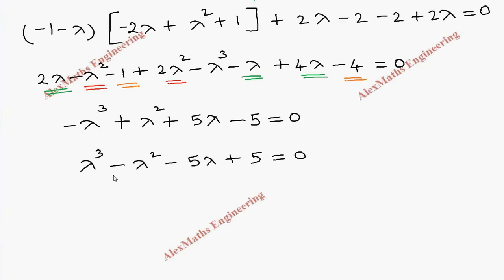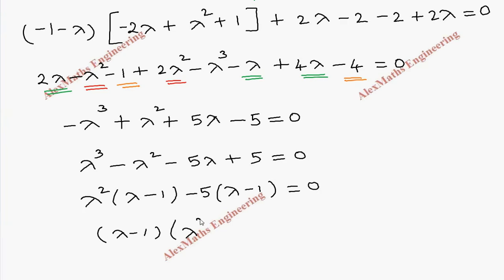Now we can take the common terms from the first two terms and the last two terms. From the first two terms, lambda square is common, so which is lambda minus 1. From the last two terms, minus 5 is common, so lambda minus 1 equal to 0. Now we can take lambda minus 1 factor common. We have lambda square minus 5 equal to 0.